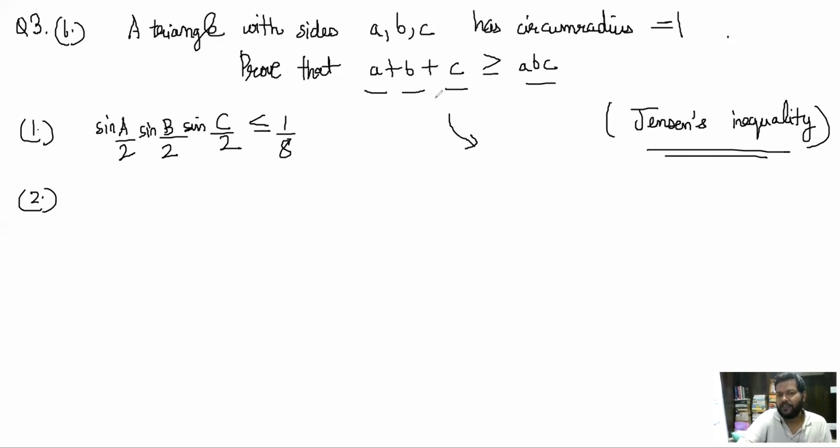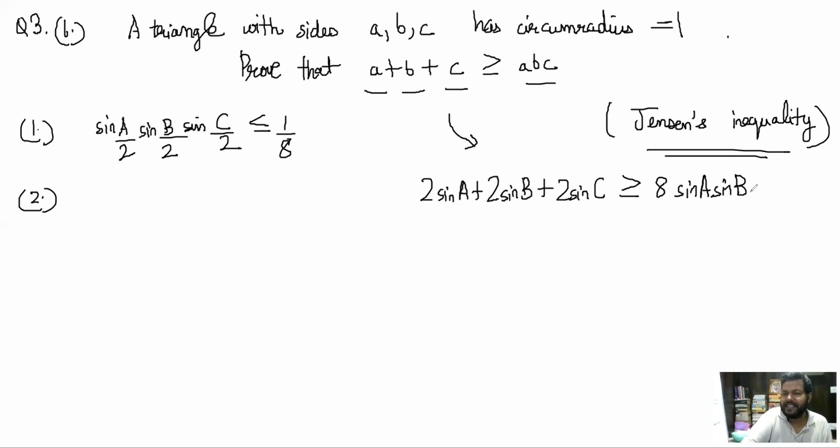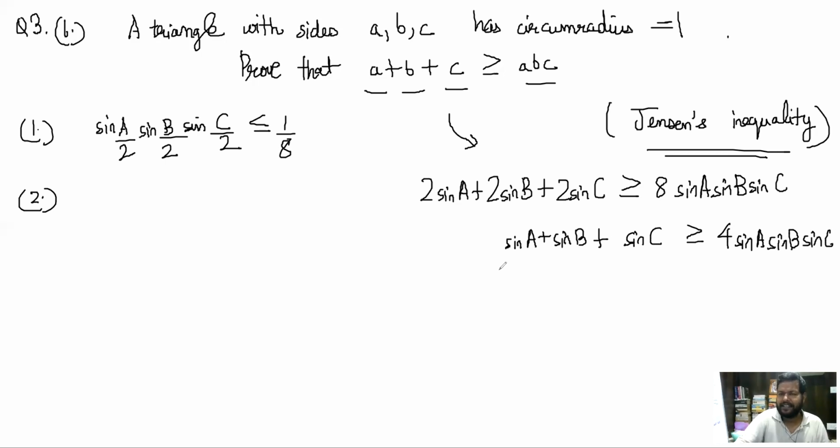So a is equal to 2R sin A, where capital R is the circumradius, which is 1. So technically what I have to prove is 2 sin A plus 2 sin B plus 2 sin C is greater than or equal to 8 sin A sin B sin C. So basically I have to prove sin A plus sin B plus sin C is greater than or equal to 4 sin A sin B sin C. This is what I have to prove.